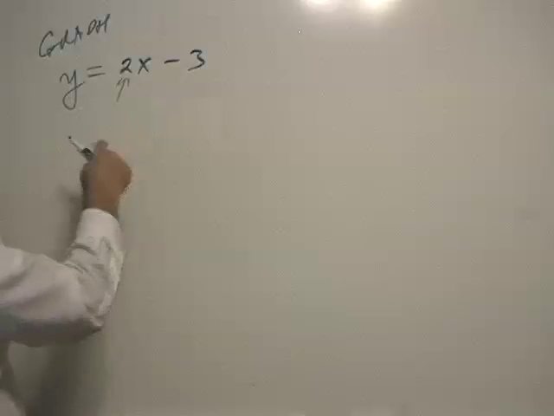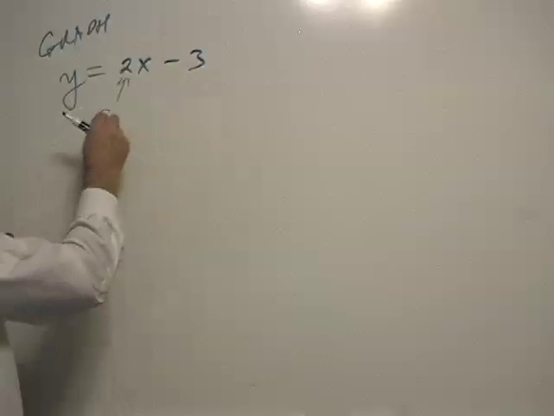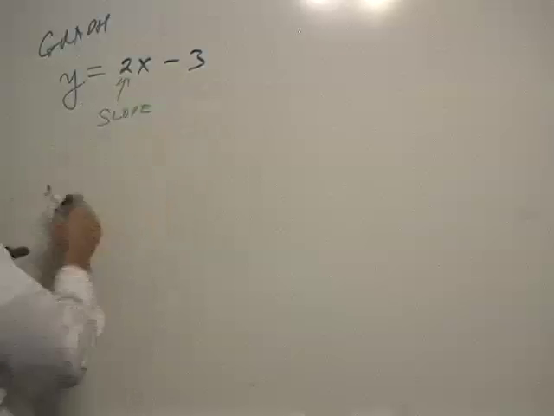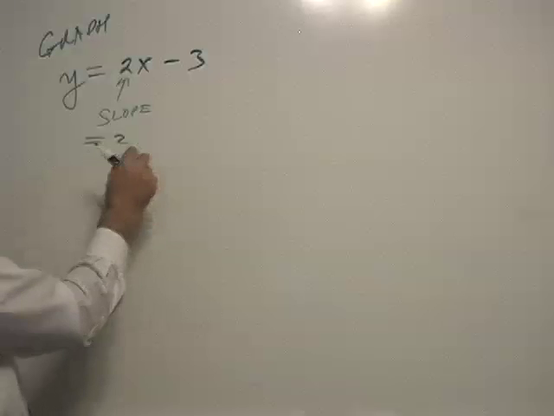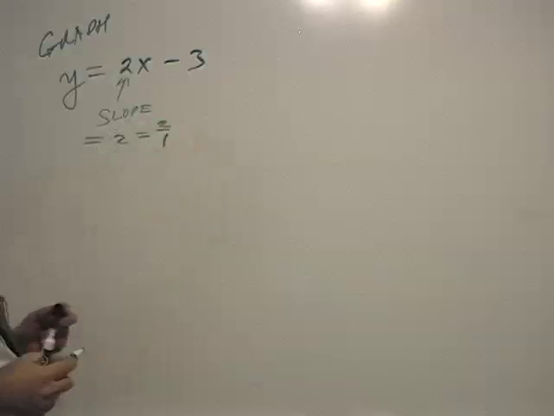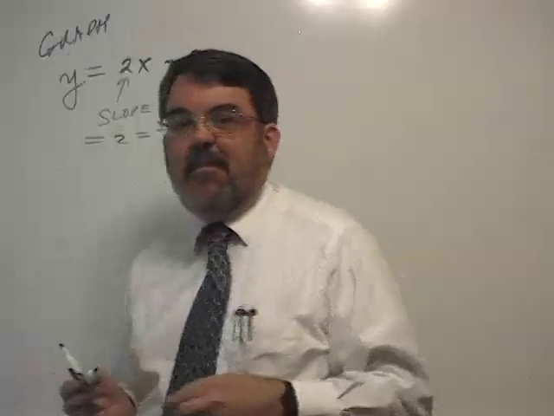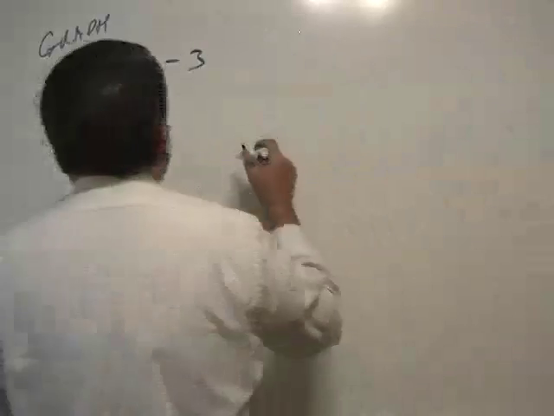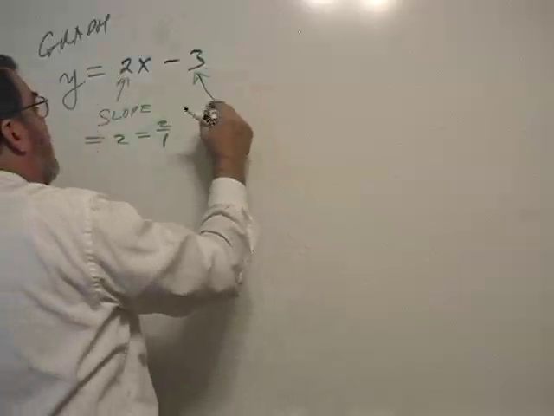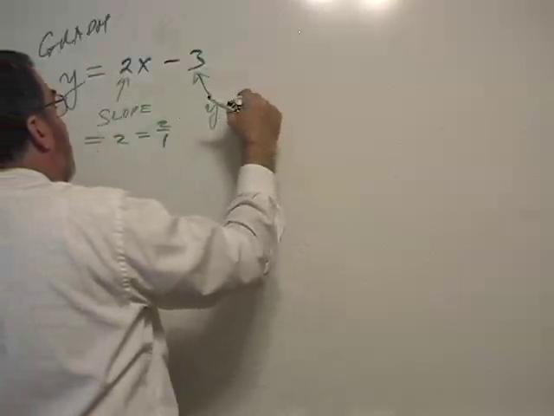It's the 2. So slope equals 2. We're going to think of slope as a fraction, so think of that as 2 over 1. I'll elaborate on that in a minute. The other number, the negative 3, is the y-intercept number.